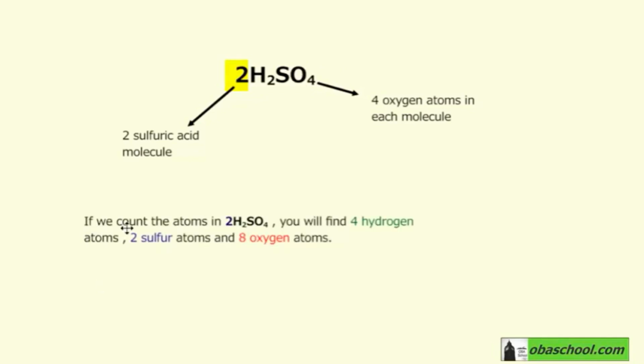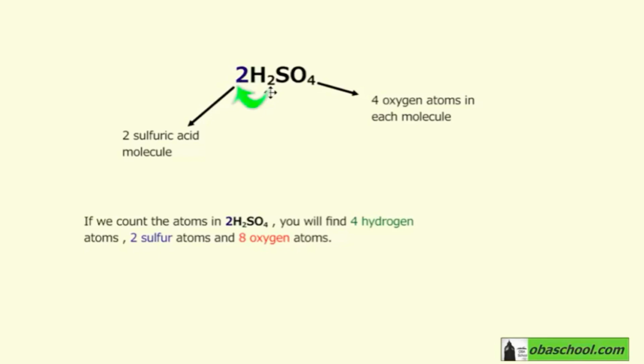If we count the atoms in 2H2SO4, here we have a big 2 and then a small 2 next to the hydrogen, as you can see here.